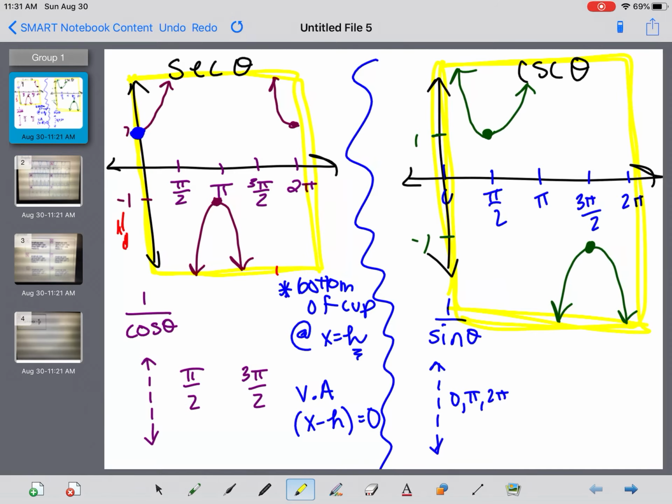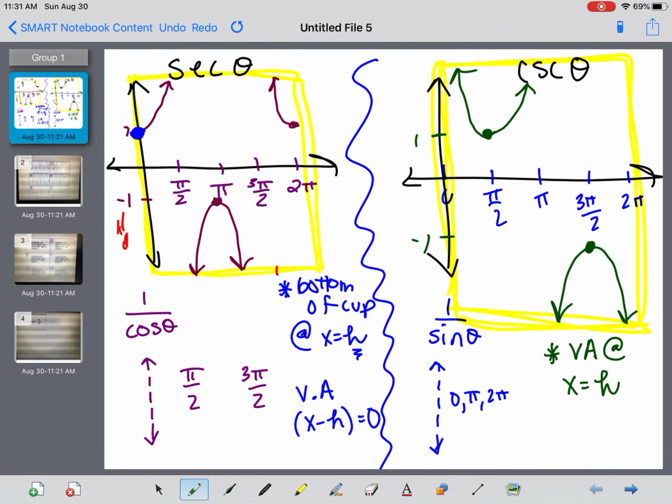So in this case, we should have a vertical asymptote at x equals h. So one thing that you look for with cosecant is a vertical asymptote at x equals h. And there should be vertical asymptotes everywhere that x equals h.